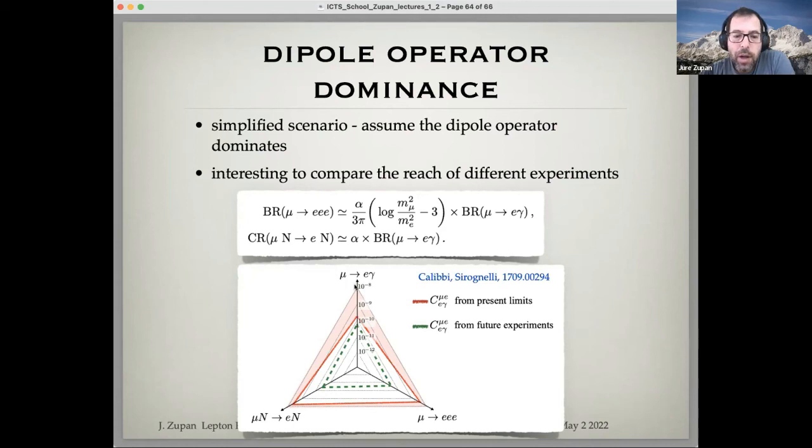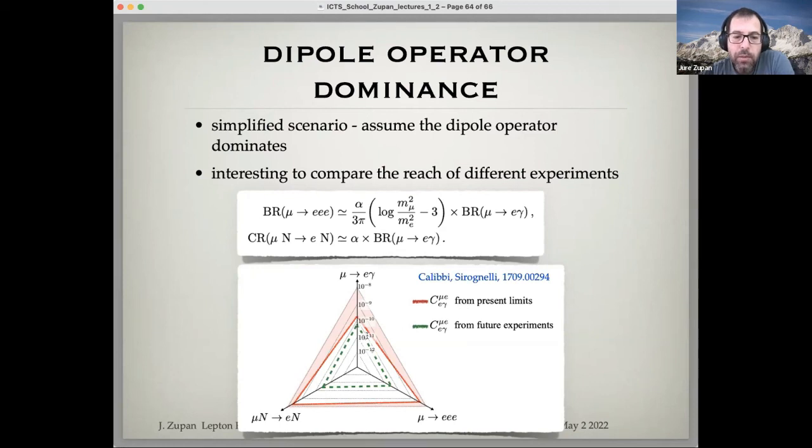Now, the present bounds are plotted here in the triangle for the three directions: mu to E gamma, mu to 3E, and mu to E conversion, assuming the dipole moment dominates. The red is the present bound on the Wilson coefficient.